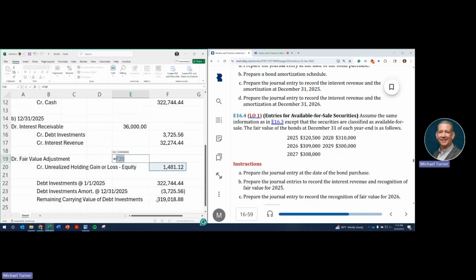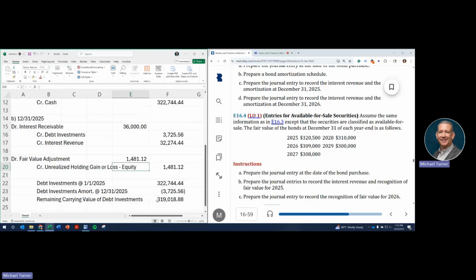And that will also be the corresponding debit to the fair value adjustment account. So we won't actually realize that until we dispose of the bonds. So therefore, we hold it in a fair value adjustment account with the offset to the equity account unrealized holding gain.